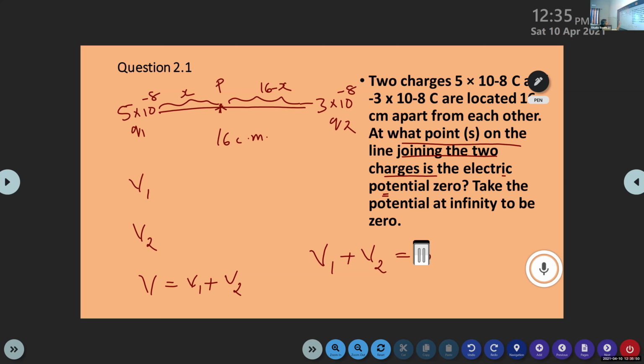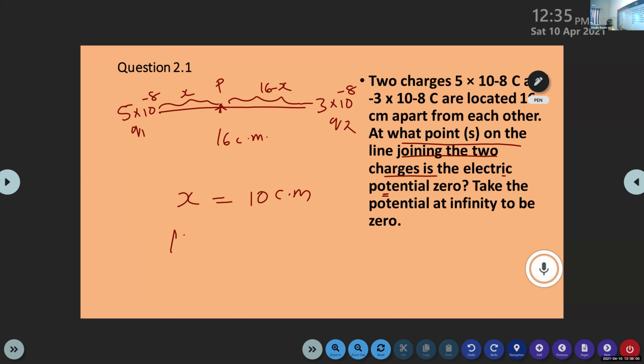Through the necessary arrangement, we get the distance. At the distance where this electric potential is 0, we get x equal to 10 centimeter. And the other distance is 16 minus x, that is 16 minus 10, that is equal to 6 centimeter, is the answer. Do you have any doubt, anyone?